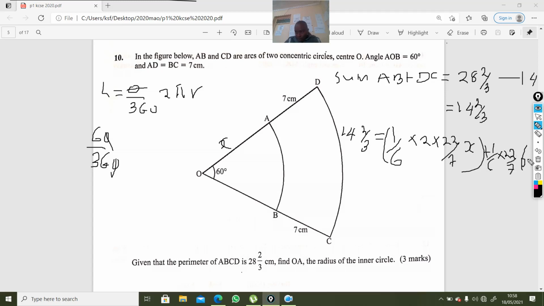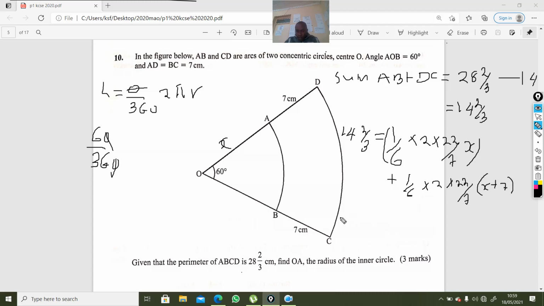The radius will be x plus 7, which becomes the new radius.